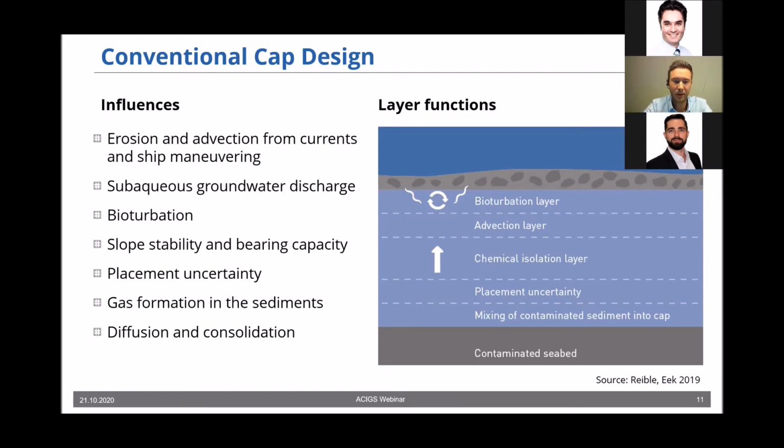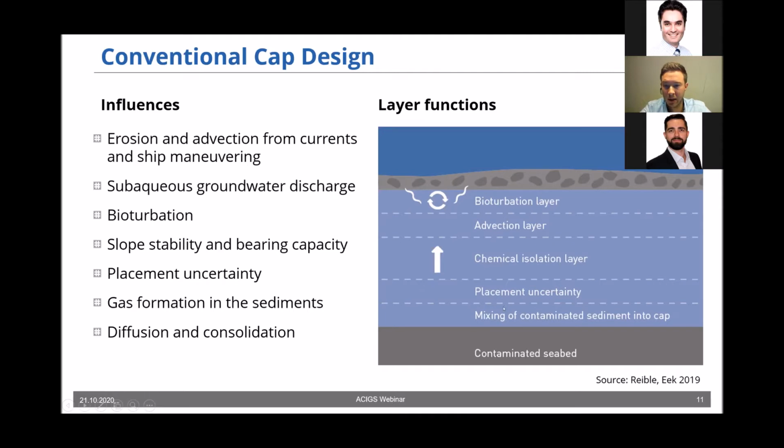We have placement uncertainties. You can imagine that when you put bulk material in from above the surface of the water body, it slowly settles down the water column, and then it ends up somewhere, and hopefully it ends up where you want to have it, but you will still have some placement uncertainties due to this process of settling down of the sediments.